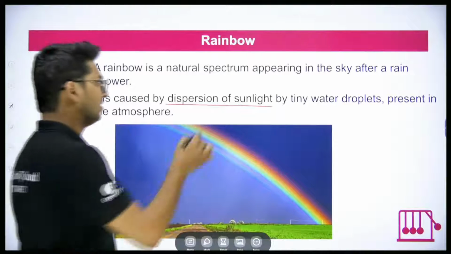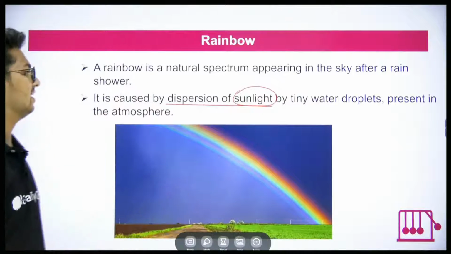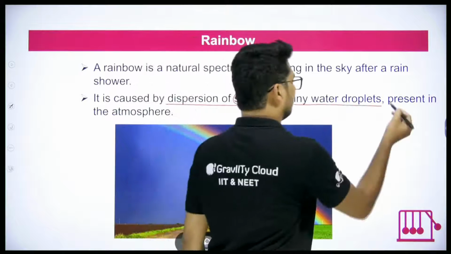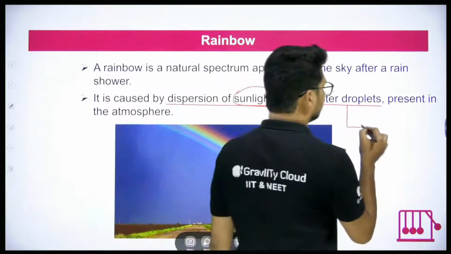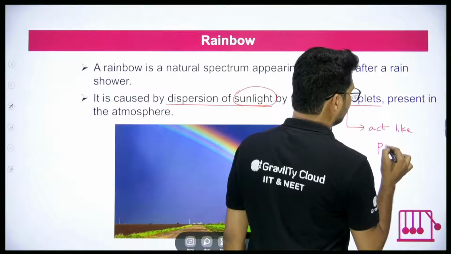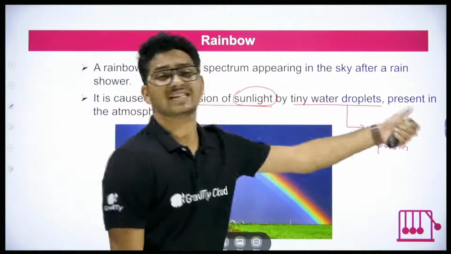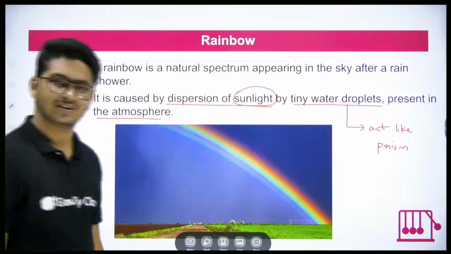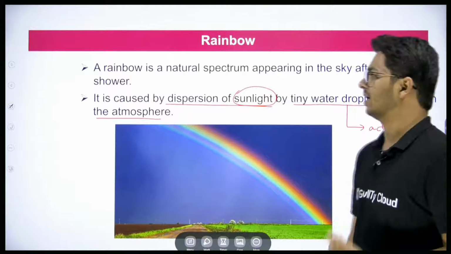Remember, which white light are we talking about? Sunlight. So it is caused by dispersion of sunlight by tiny water droplets. These water droplets act like a prism. And where are these water droplets? They are present in the atmosphere. Clear? That's a rainbow. Okay, let's continue.